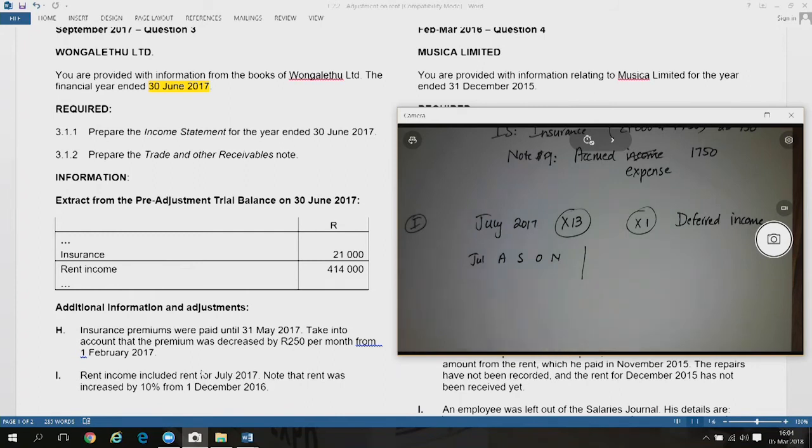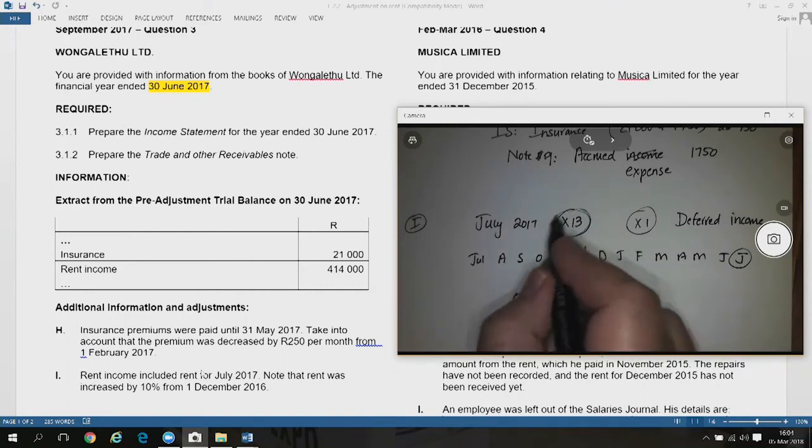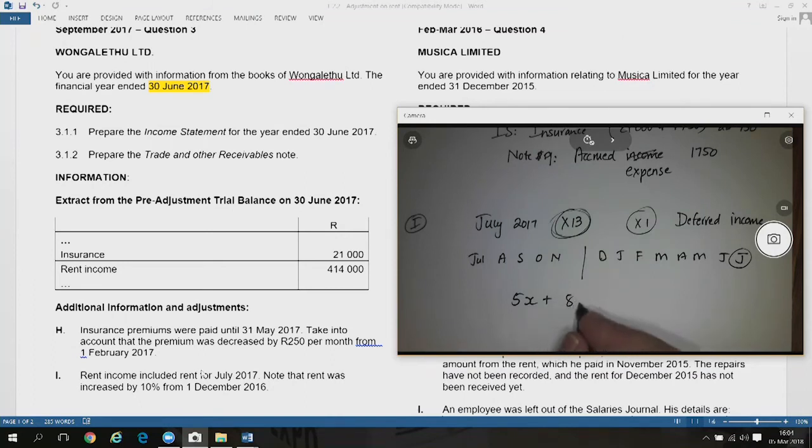Then there was an increase for December, January, February, March, April, May, June, and July. That extra month. 1, 2, 3, 4, 5: 5x. Plus 1, 2, 3, 4, 5, 6, 7, 8. You remember the 13 months? 8.